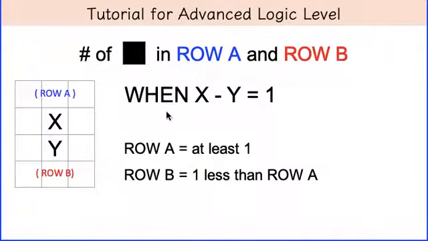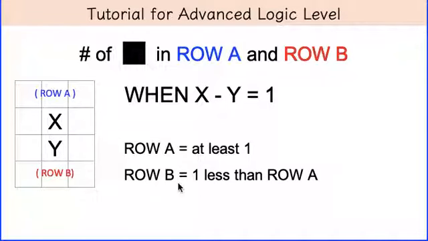Okay, so this means x has to be bigger than y. So I'm talking about 4 and 3, 8 and 7, not the other way around. So when x minus y is equal to 1, there will be at least one black square in row A. There has to be at least one.